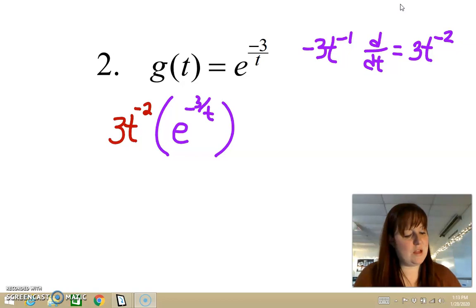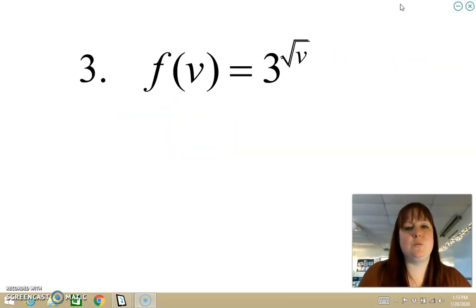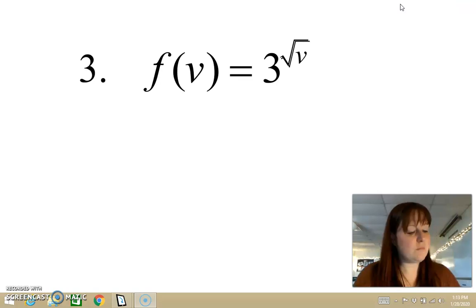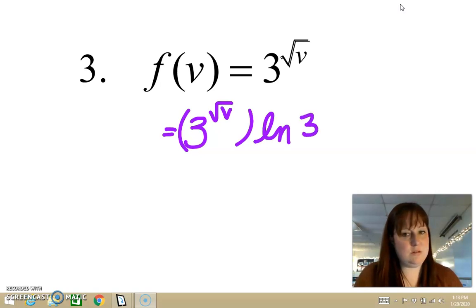Okay, now this one, you notice, is not an e. It's going to catch up any second. I just switched it over. There you go. This one is not an e exponent. So for this one, remember, we keep the function the same. Then we multiply it by the ln of 3, because that's the ln of the base.